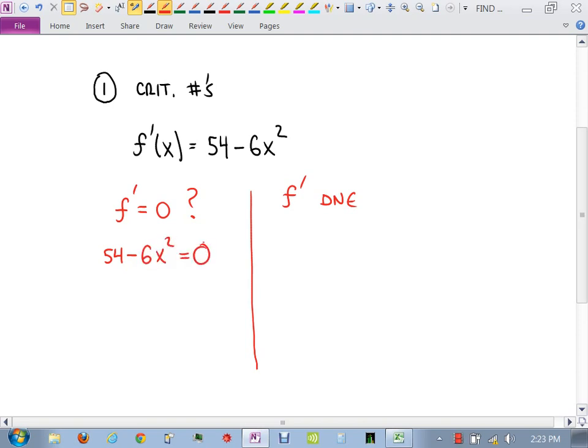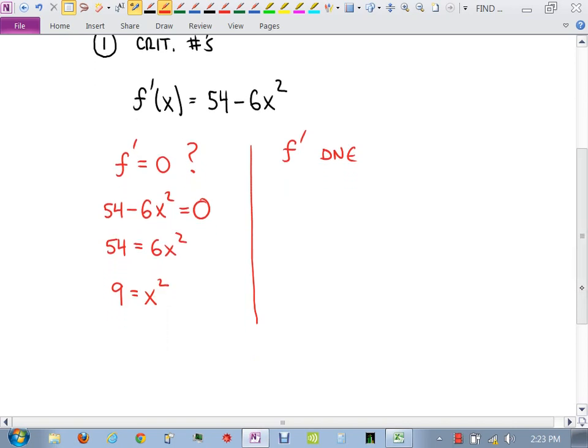This is a quadratic equation. There are several ways to solve it. I'm going to solve it the easiest way I think, which would be to move the 6x squared over to the other side to make it positive. Divide both sides by 6. What's 54 divided by 6? 9. Okay, 9 is x squared. And now I'm going to take the square root on both sides.